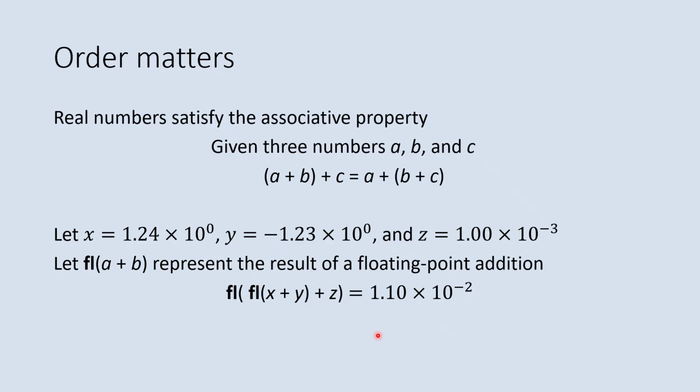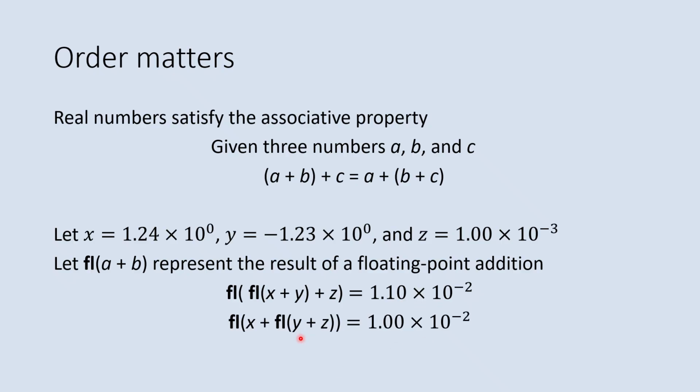You could make sure you understand that calculation, do that calculation. What we're doing is we're adding the x and the y and writing that answer in the simplified version. And then we add the z to that and write that answer in the simplified version, and we end up with 1.10 times 10 to the negative second power.